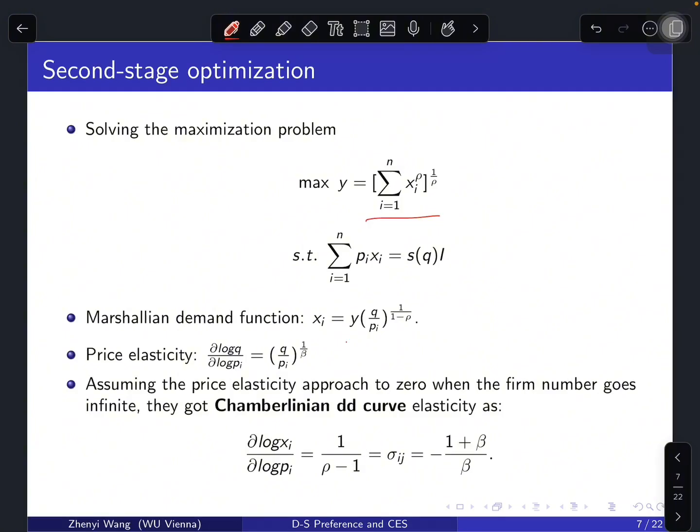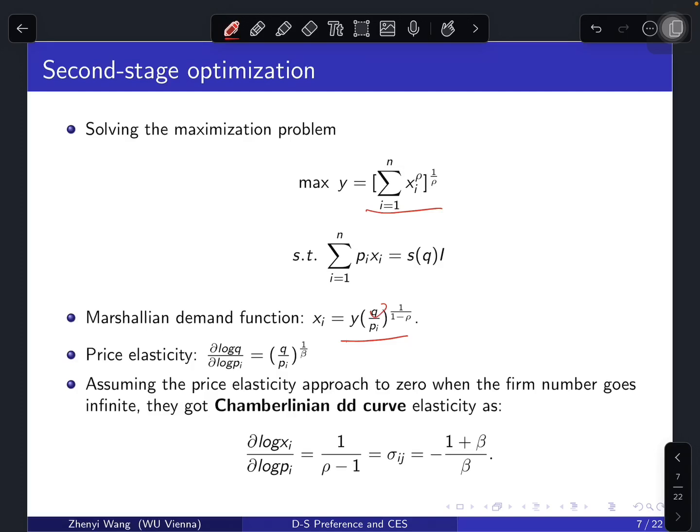This will result in the CES demand function, which is also still standard, where each product's demand depends on its own price, the substitution elasticity, and the CES price index, the aggregate price index level. And the price elasticity is a factor of every single firm on the aggregate price index. It is particularly useful in analyzing markets with differentiated products. We could say it later.